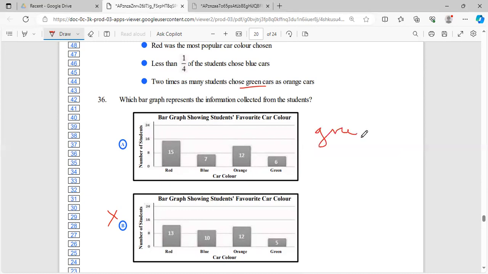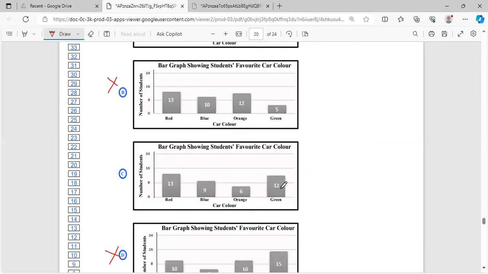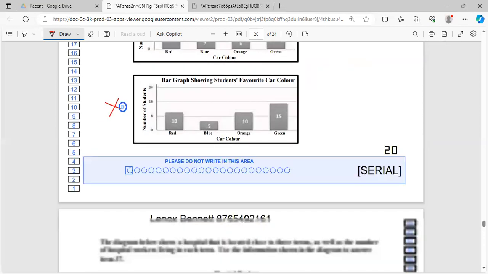Not orange double green, but green double orange. Or you can say orange is half of green. So this is not double. Look at it, it says 2 times as many chose green as orange. So we can eliminate this and just go to the last one. Whichever one is left. Definitely this one. Alright, let's move on. Read all of them, guys. I told my students to read all of them.